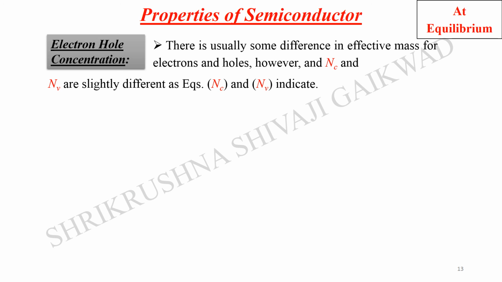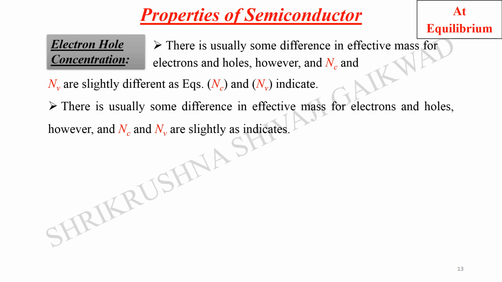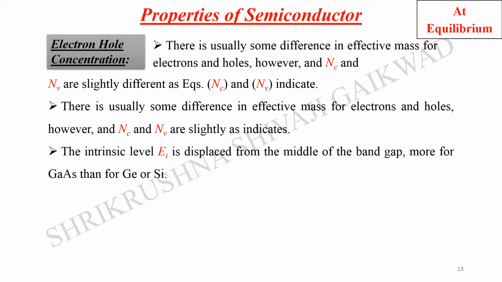However, there is usually some difference in the effective masses of electrons and holes, so NC and NV are slightly different. The intrinsic level EI is displaced from the middle of the band gap, more for gallium arsenide than for the elemental semiconductors.